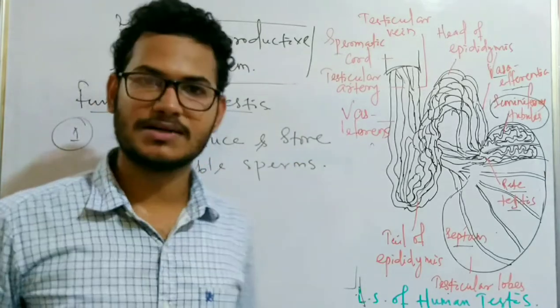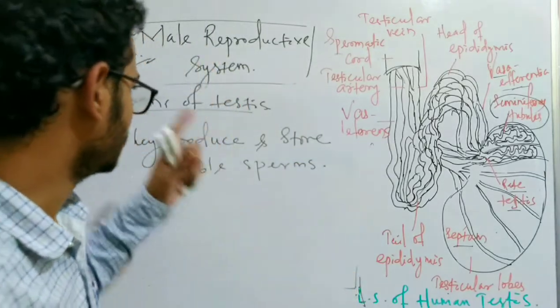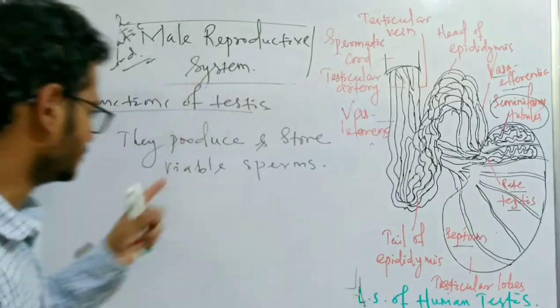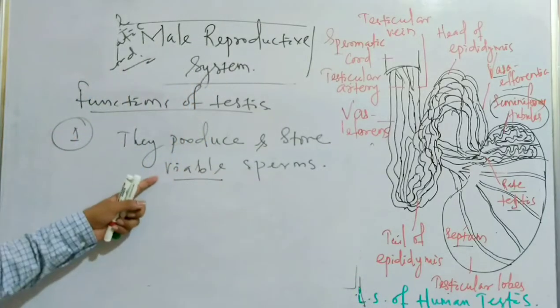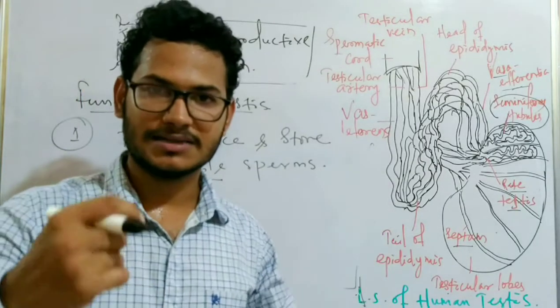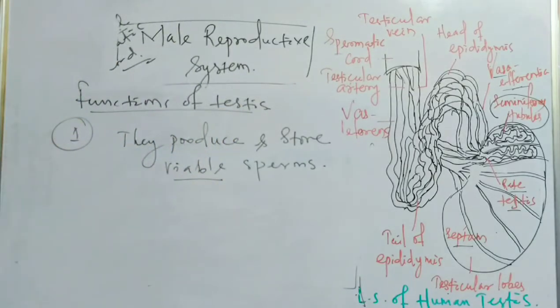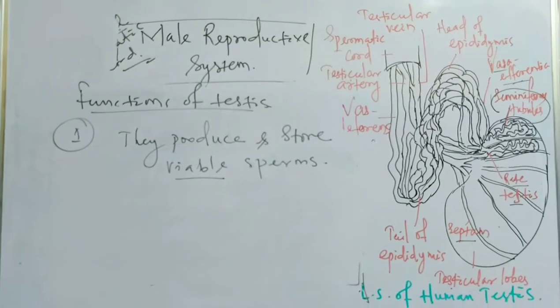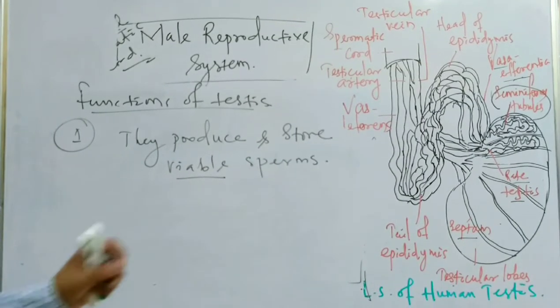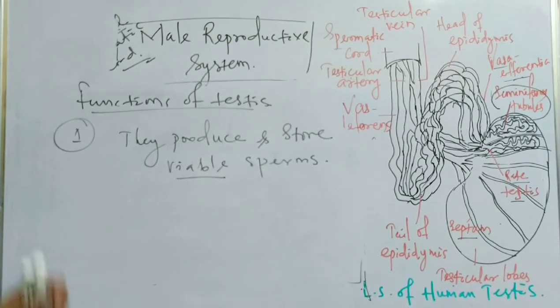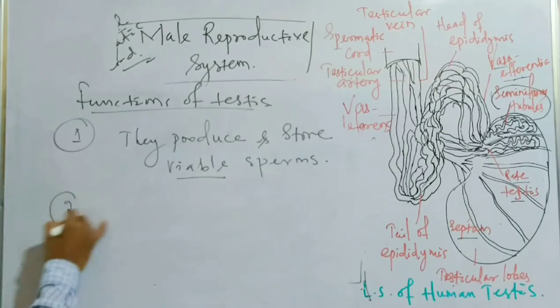The most important one is they produce the sperm and store it, and the sperms are viable. Viable means they are living. They have the ability to fertilize the ovum, to produce the zygote, to produce the child. Okay. So the second one is synthesis and secretion of the male sex hormone or the androgenic hormone.